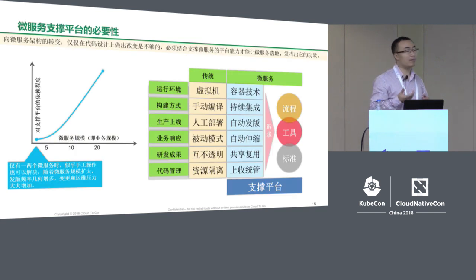So speaking from the microservice perspective, we cannot just use VMs to take all the burdens of service. So we use some container technology, automation technology, and I'll not dig into it.